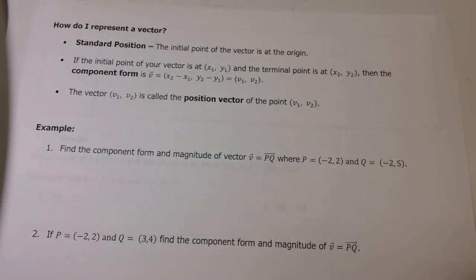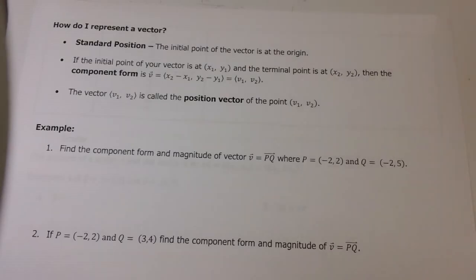Okay? The vector v1, v2 is called the position vector of the point v1, v2. Okay? So basically, this is how you would just take any vector and put it into standard form.